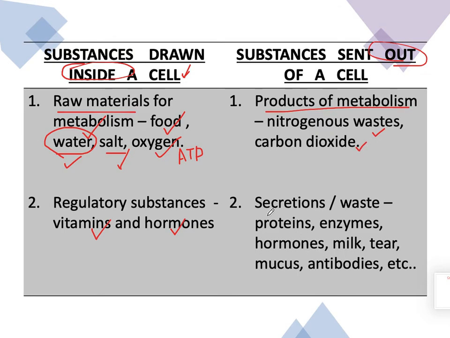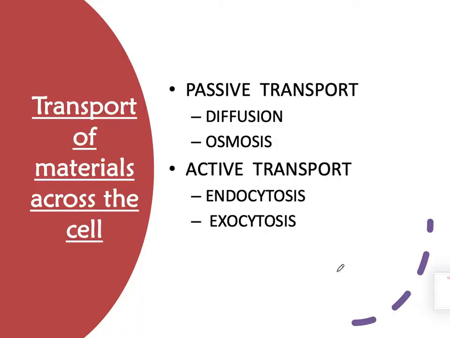Now various kinds of secretion, waste, protein, enzyme, hormones, milk, tear, mucus, antibodies, these are various types of secretion which your cell makes. So when the cell is producing them, they are supposed to go to a certain area so that they can be effective. So those also can easily leave the cell.